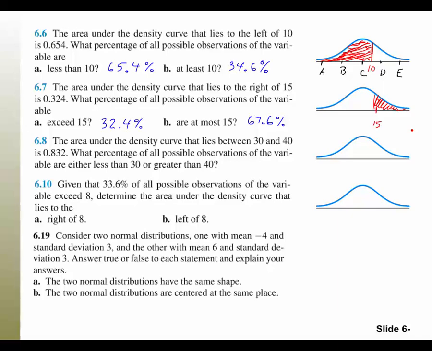The area under the density curve between 30 and 40 is 0.832. What percentage of all possible observations are either less than 30 or greater than 40? Trevor, did you get this one?